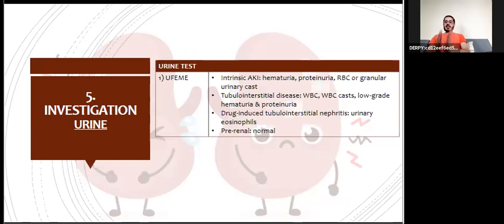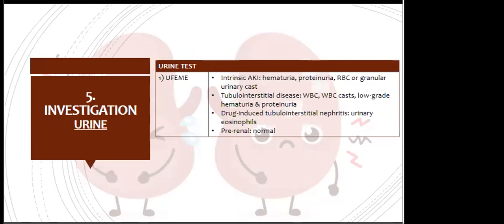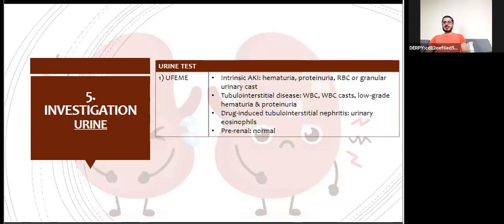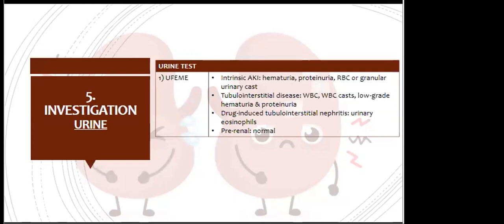So if it is pre-renal, urine osmolarity will be more than 500 millimole per liter, and urine sodium will be less than 20 millimole per liter. Fantastic. If it is renal, less than 350 for urine osmolality. Very good. For the sodium, it will be high, more than 40.